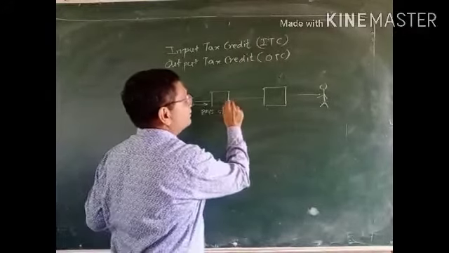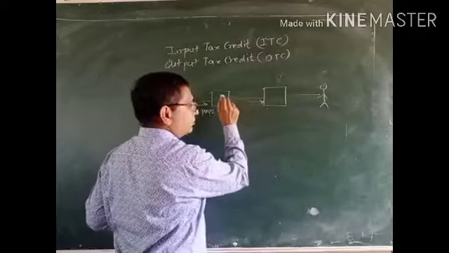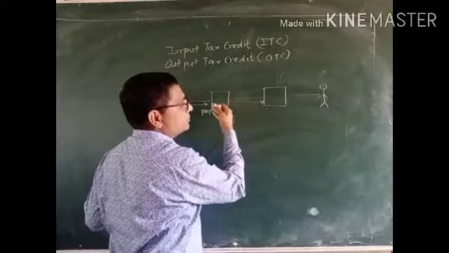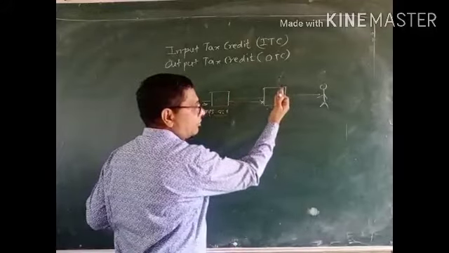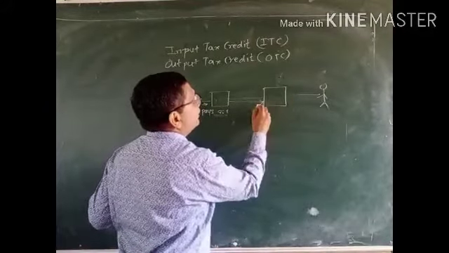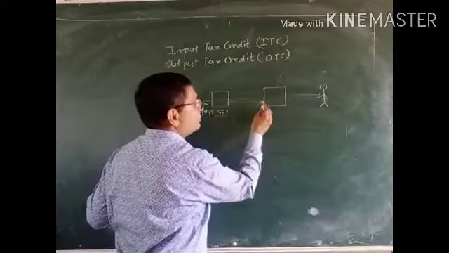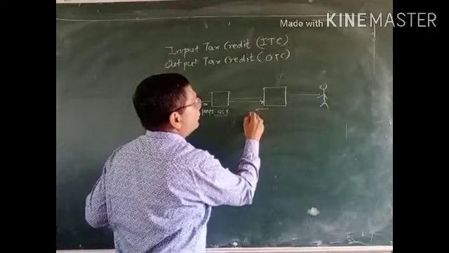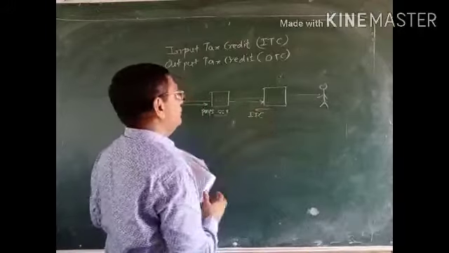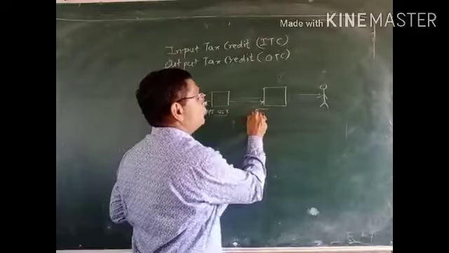While this agency sells these goods to this person or agency, this person again collects the GST, and this is called OTC, output tax credit.